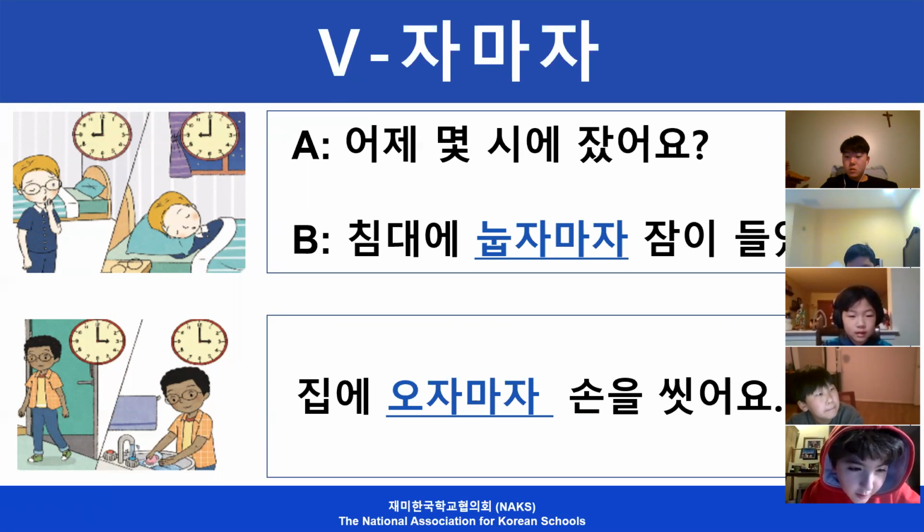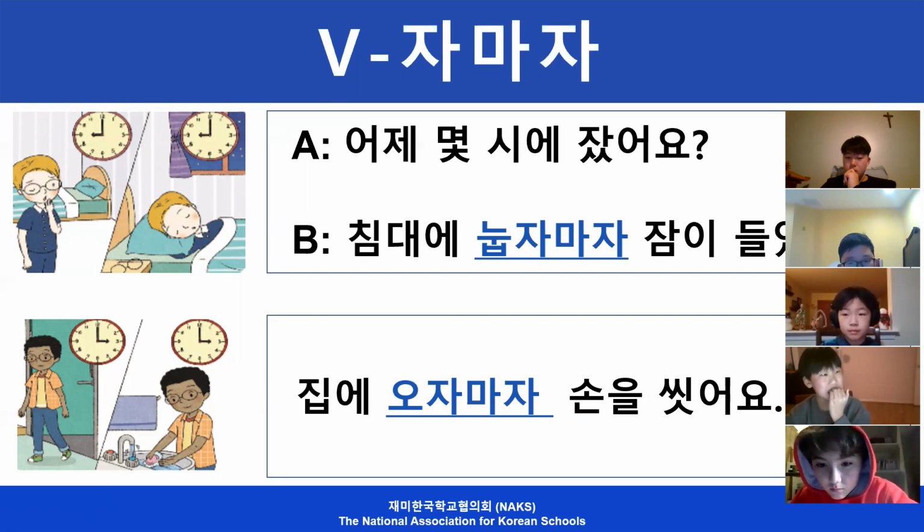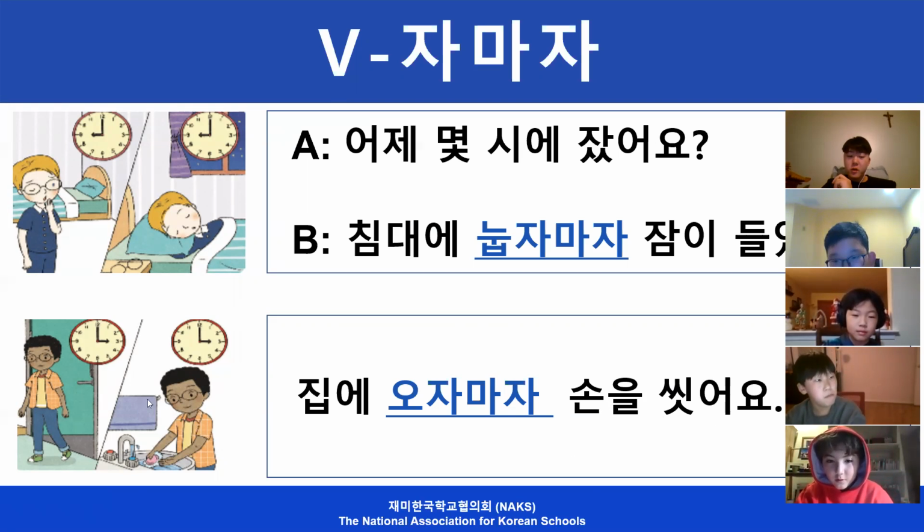As soon as I... Okay, let me help you with this. 손을 씻다, what does that mean? 손을 씻다 is referring to this picture. What do you think that means? Using this picture, what do you think 손을 씻다 means?